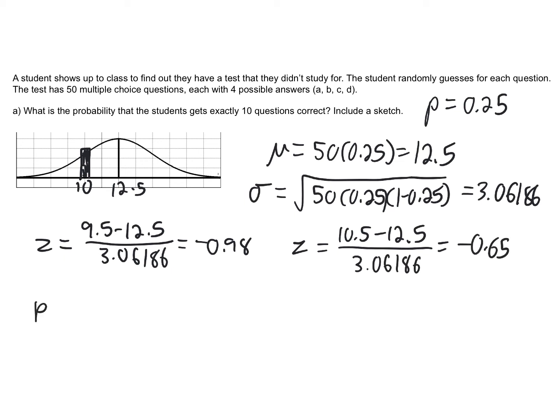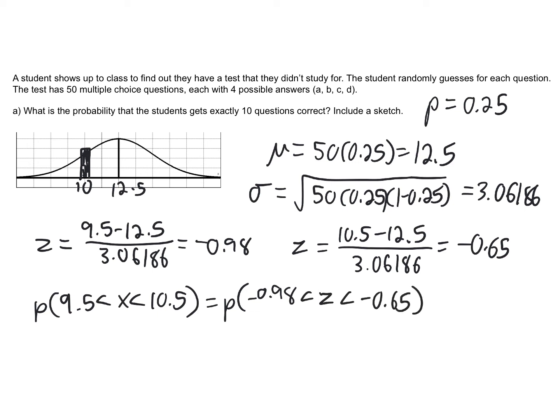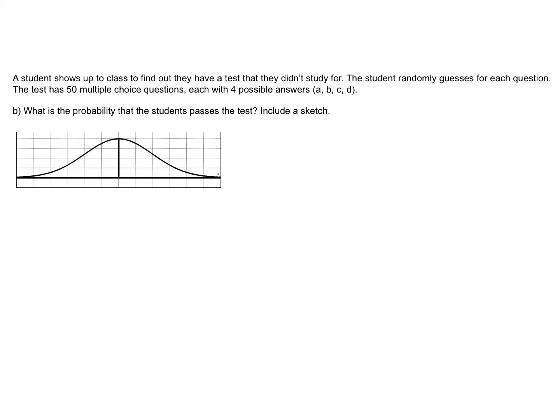So the probability of x being between these two values is equal to the probability of z being between these two values. We can look those values up, and then we subtract them to get 0.0943.